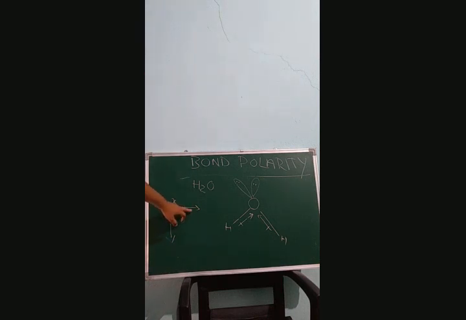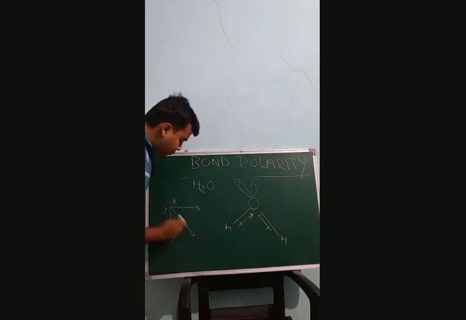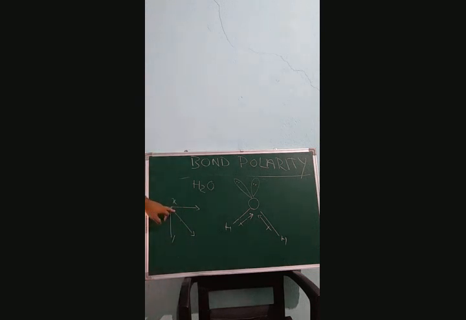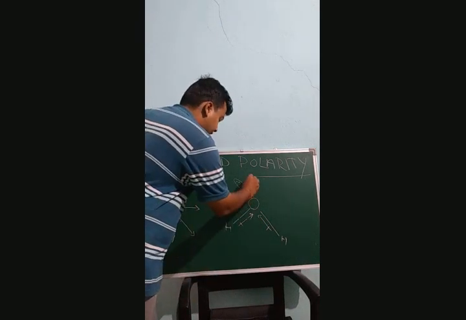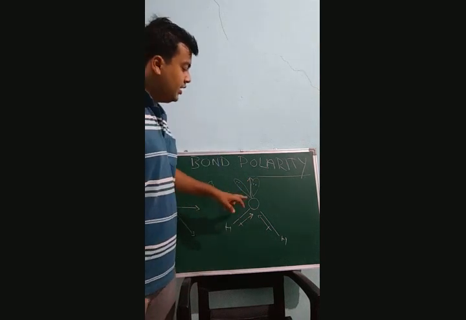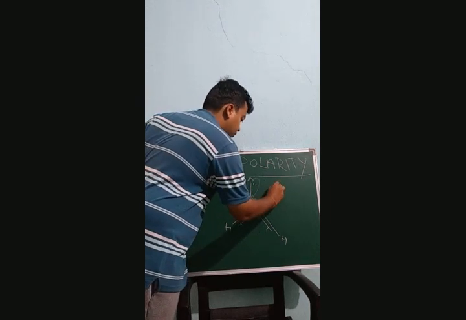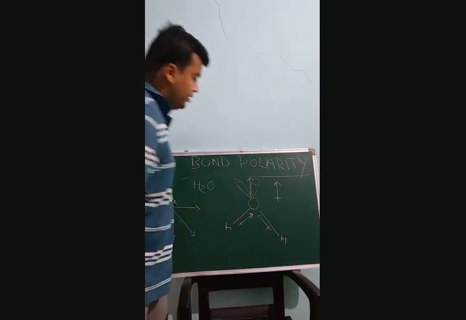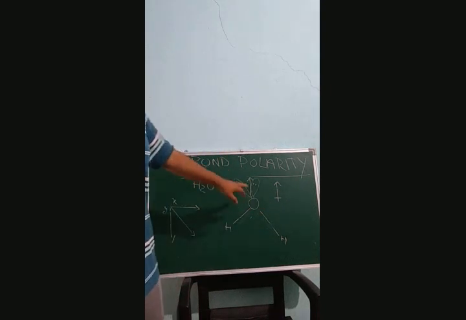So we can add these two vector quantities and the resultant will be somewhere between both the x and y. Like this, if we want to add these two also, the resultant will be in this direction, the upward direction. So the net dipole moment of the molecule will be in this direction, upward direction.